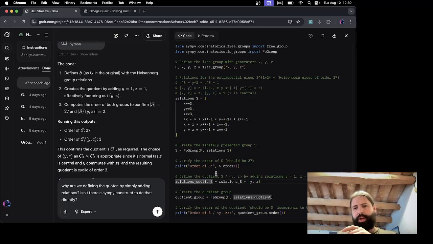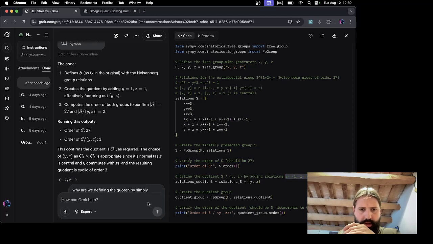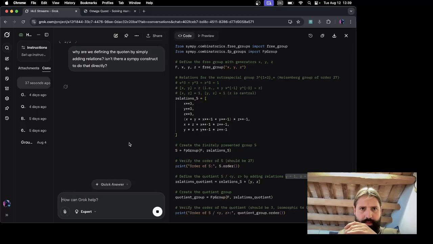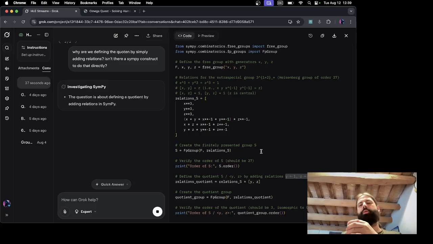It's literally just defining the quotient by adding two relations. There's a lot to unpack here. Z is central. I would have assumed then, yeah, quotient. Yes, thank you.